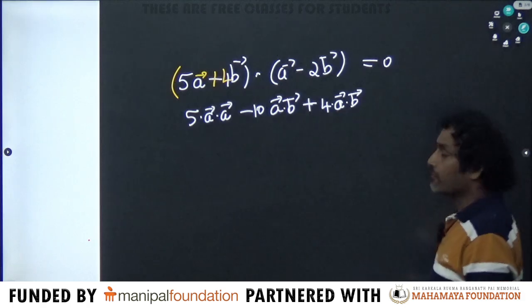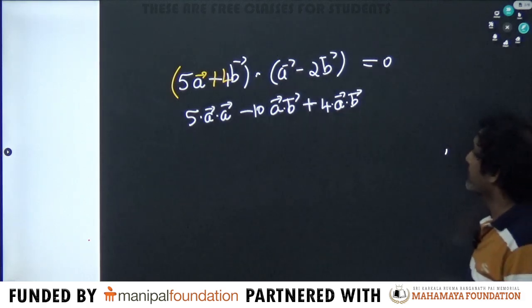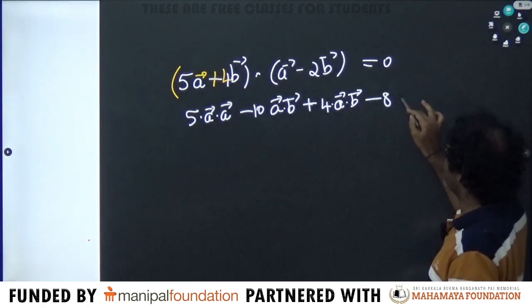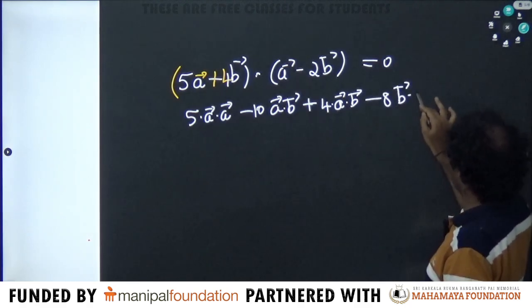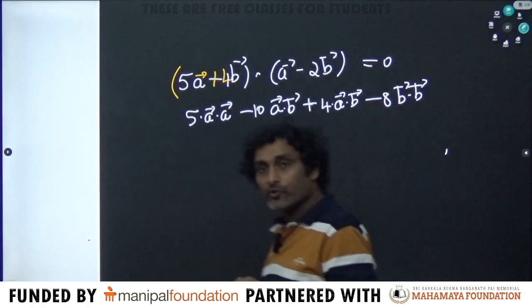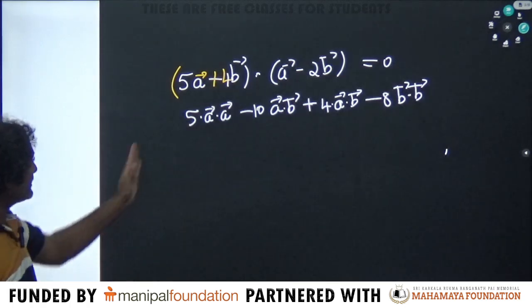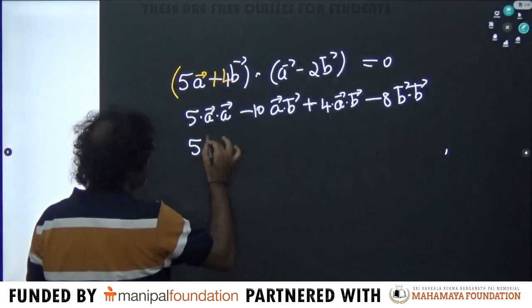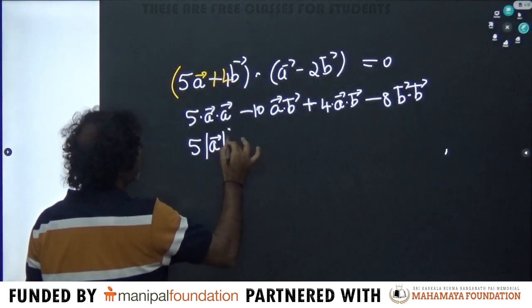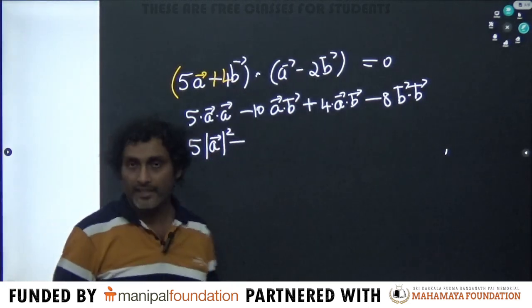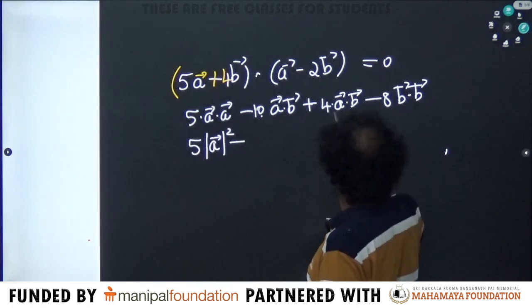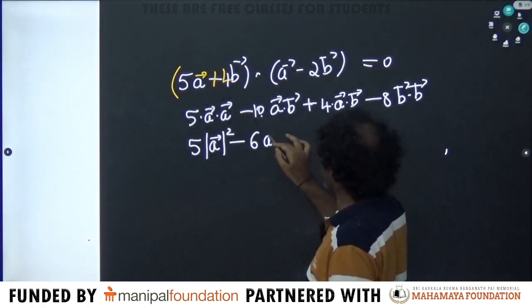Dot products are commutative, and 4 into minus 2 is minus 8 b vector dot b vector. Do you remember me telling any vector into itself is magnitude of that vector square? Correct? Minus 10 plus 4, isn't it minus 6?